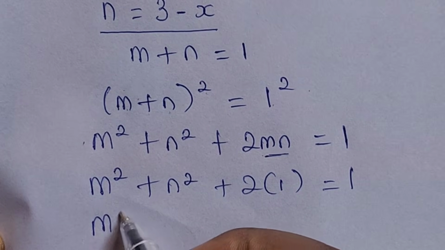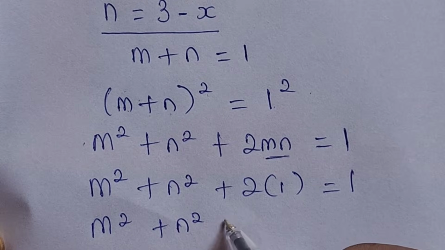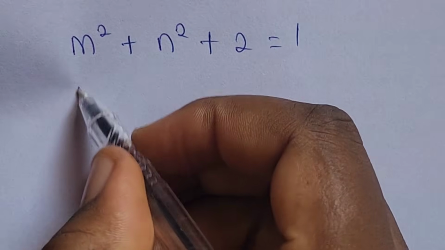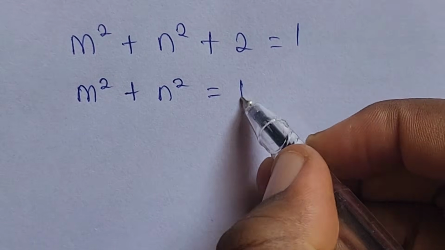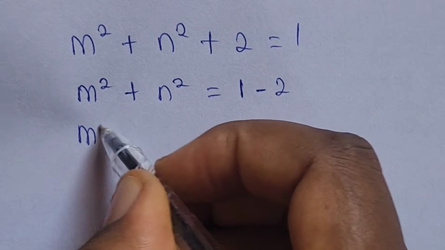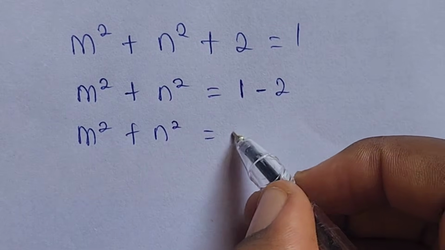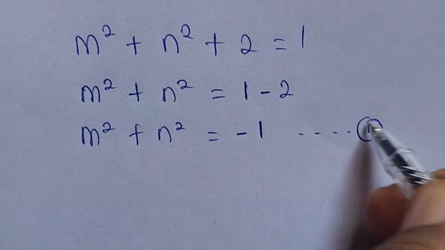So we have m squared plus n squared plus 2 equal to 1. Moving the 2 over, we have m squared plus n squared equal to 1 minus 2, which is minus 1. Let's name this equation 1.